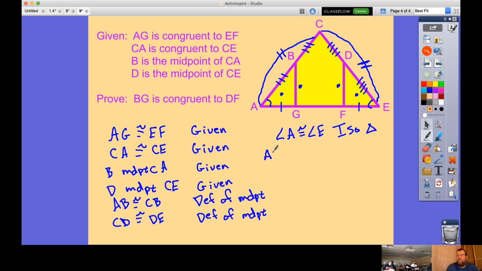We would just have to say AB is congruent to CB, which is congruent to CD, which is congruent to DE. And how could I prove that? Put it in your own words. How could we prove that all 4 of those sides are the same?